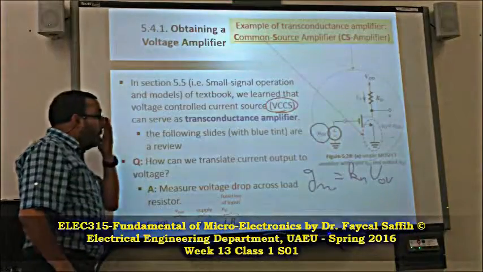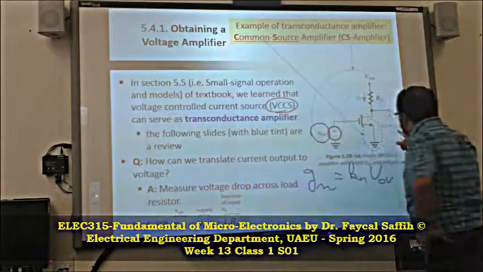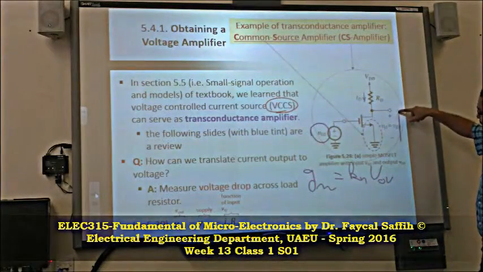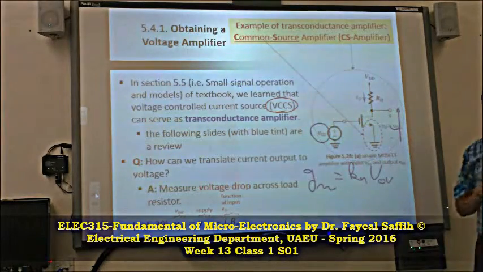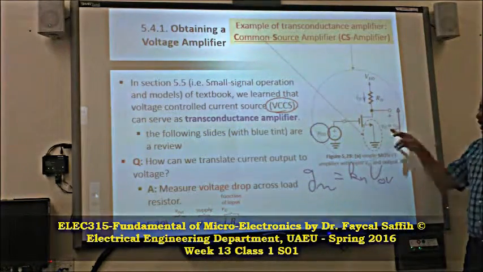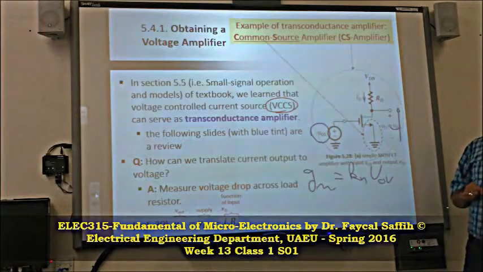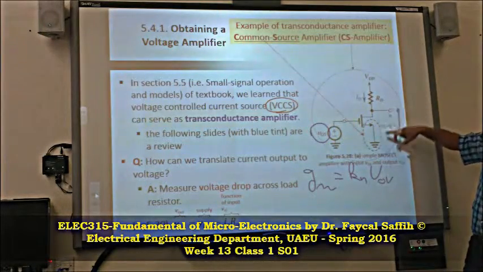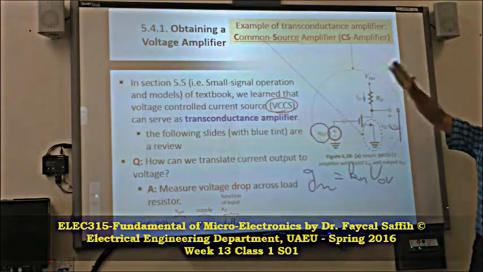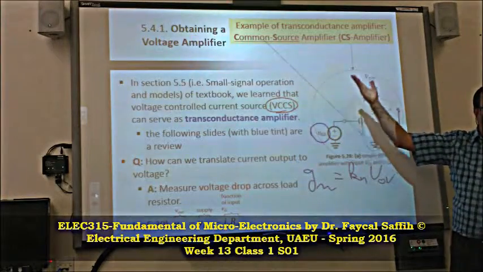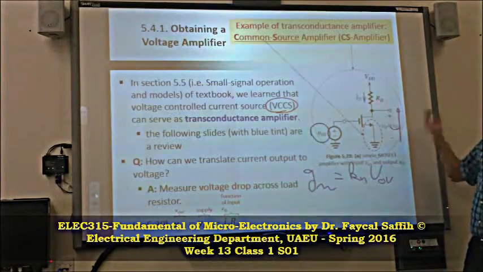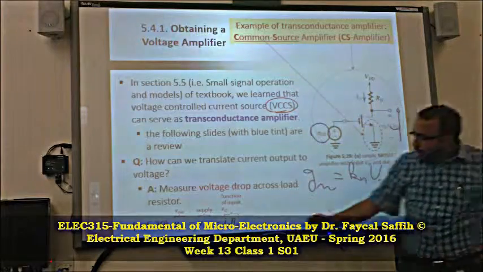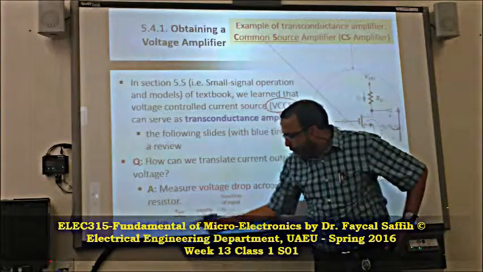Very good, excellent. So now we need to calculate the output, which is here. And again, here we have the total voltage. So VDS is here, that is DC plus VDS that is AC. Yes, because that's the thing. Here, VDS is equal to what?